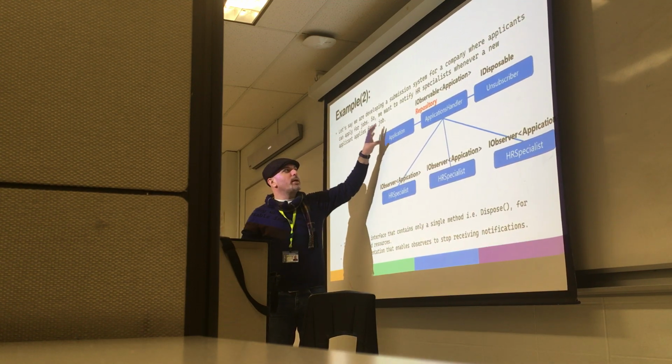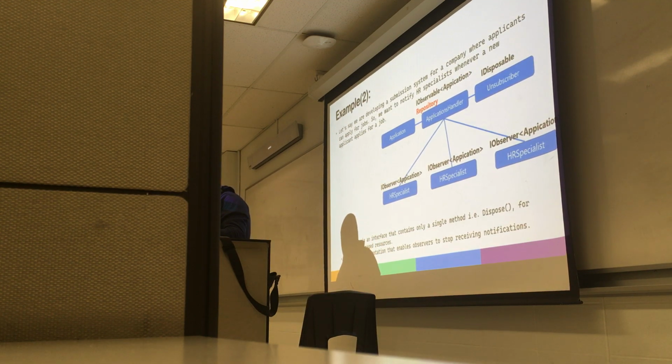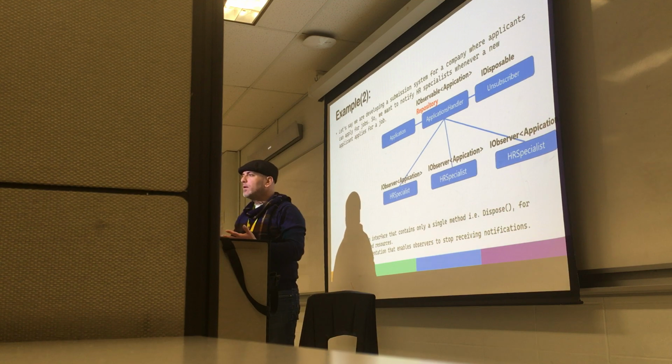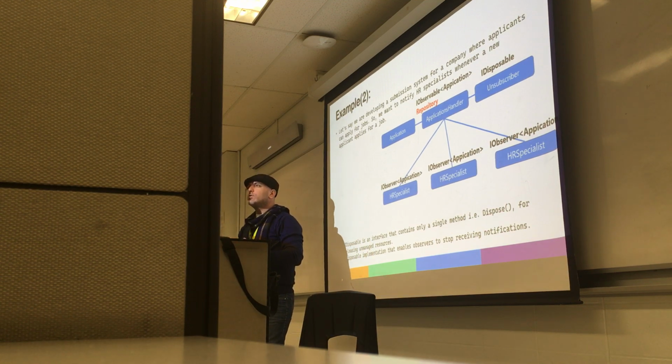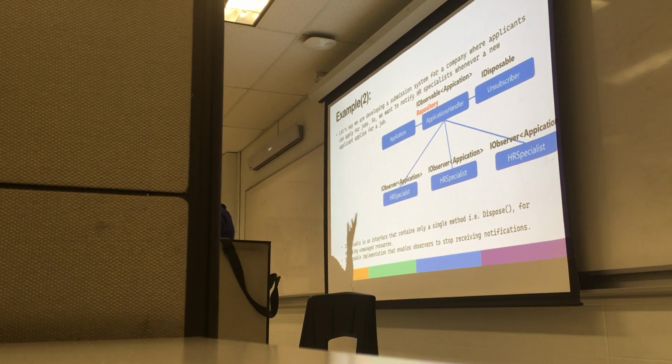Now, what is the application? The application is just a class. We need to store inside this class a notification, for example job ID and applicant name. Maybe one person applied for 3 jobs.